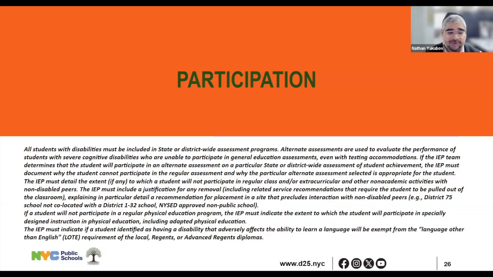And the IEP must indicate if a student identified as having a disability that would affect their ability to learn a language will be exempt from the language other than English requirement of the local regents or advanced regents diplomas. Obviously, that's for our older students. But again, we would have that listed as well if the student would not be eligible to take that requirement.